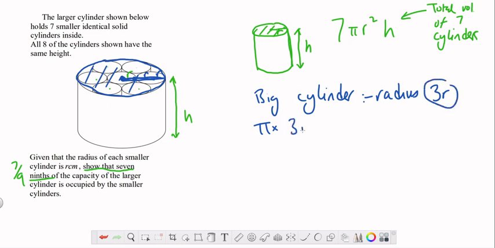So it's going to be pi (3r) squared. And obviously the length of the prism is also h. So that represents the volume of the big cylinder.